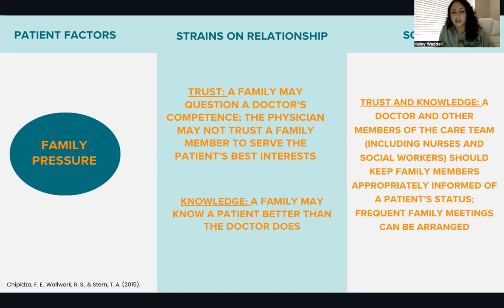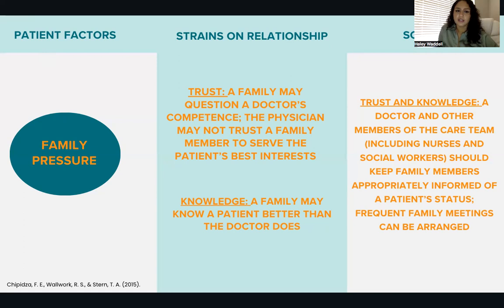So some strains that this can cause on your relationship with that patient: a family may question a doctor's or provider's competence. The physician may not trust a family member to serve the patient's best interests. So you might be explaining, okay, we're going to do this for you, and then a family member might chime in and be like, well, I read an article where they said that's not good anymore for him.